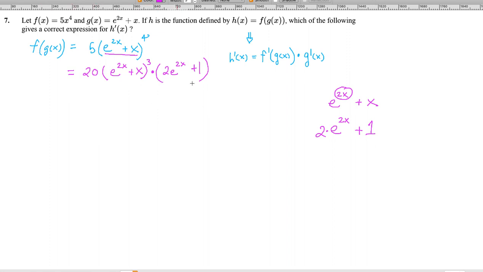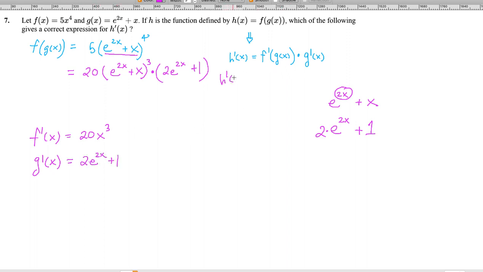You could have also, like I differentiated in general, just found the derivative of f of x, f prime of x is 20x to the third. And then you could have found g prime of x, which we just did, which is 2e to the 2x plus 1. And then you could have just applied this.